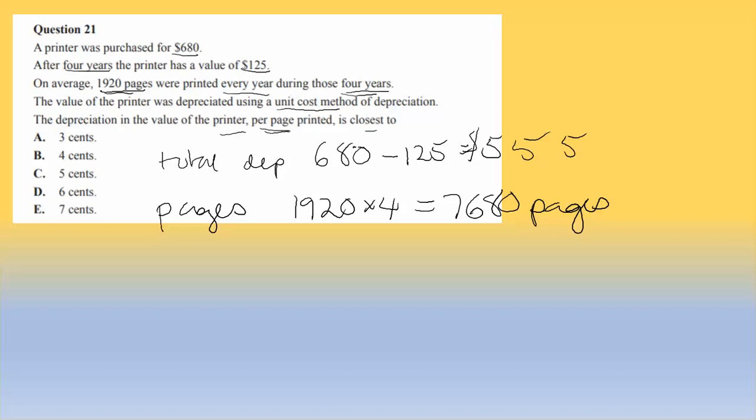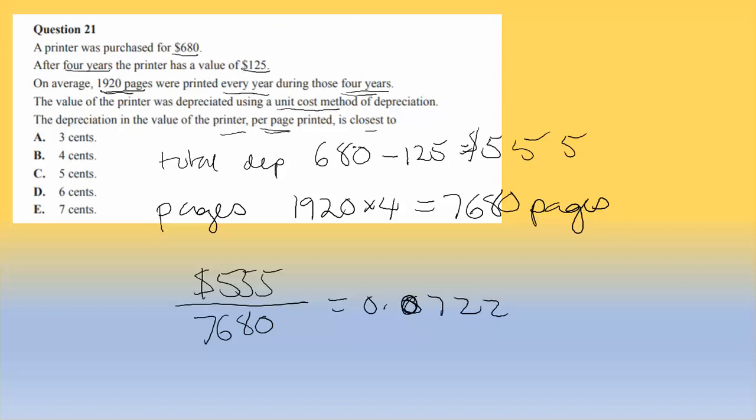So we're going to do 555, the amount depreciated, divided by the number of units it did, which was 7,680. It's 0.0722, which equals 7 cents per page. So it depreciated 7 cents per page. So E.